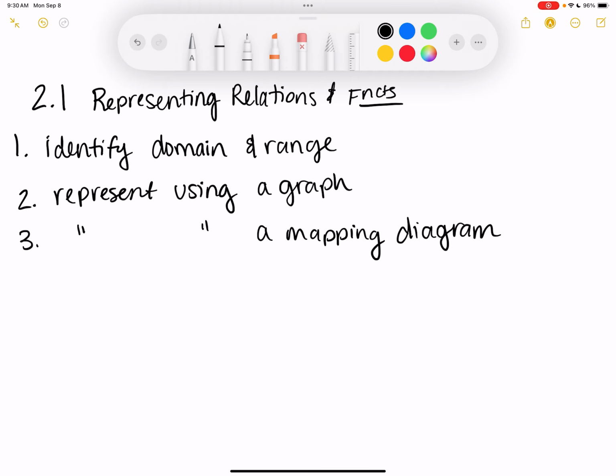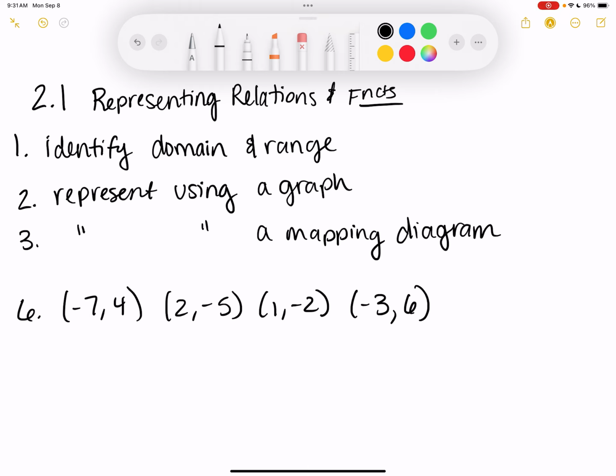They're going to give you some number of ordered pairs. Most of them look like they have 4. So number 6 is (-7, 4), (2, -5), (1, -2), and (-3, 6). The first thing we're going to do is identify the domain and range. The domain are my x values, range are y values.